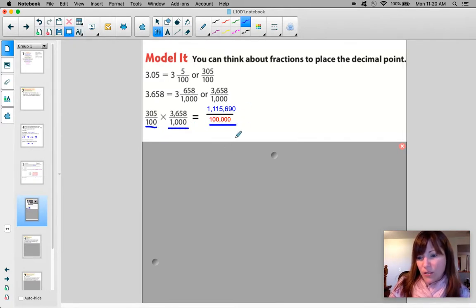That 100,000 means that the answer should have that place value, which tells us how many decimal places are to the right. So our answer at the end should read as a fraction over 100,000.